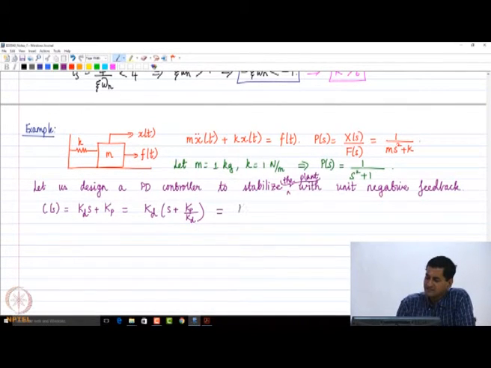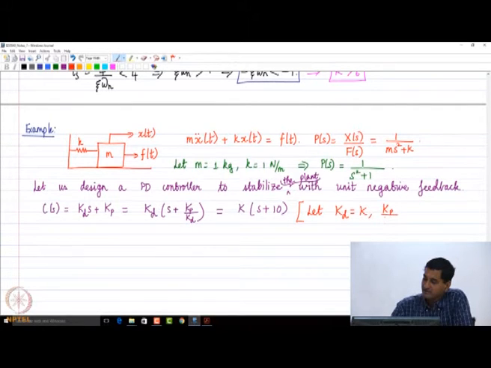Let us consider the ratio K_P by K_D as 10, just for an example, and let us call K_D as K, so that I do not need to write the subscript D all the time. So, let K_D be denoted by K and K_P by K_D be equal to 10.